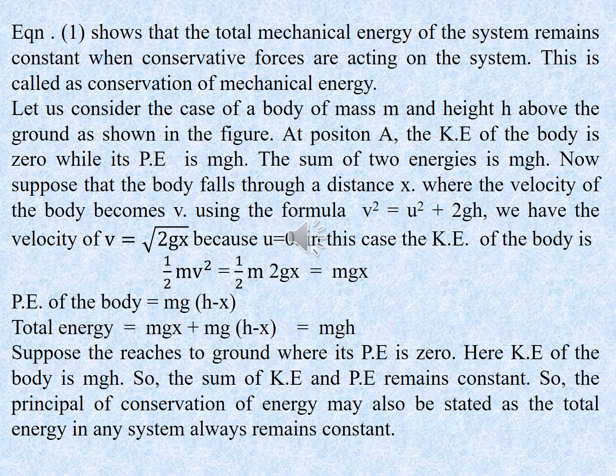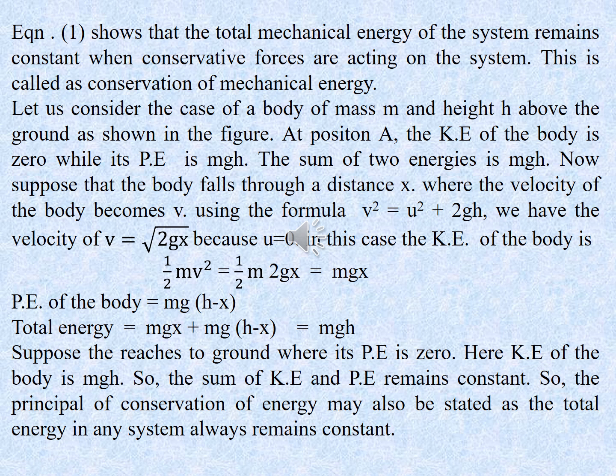Let us consider a body of mass m at height h above the ground. At position A, the kinetic energy of the body will be 0 and the potential energy is mgh. The sum of the two energies gives the total energy, that is mgh.